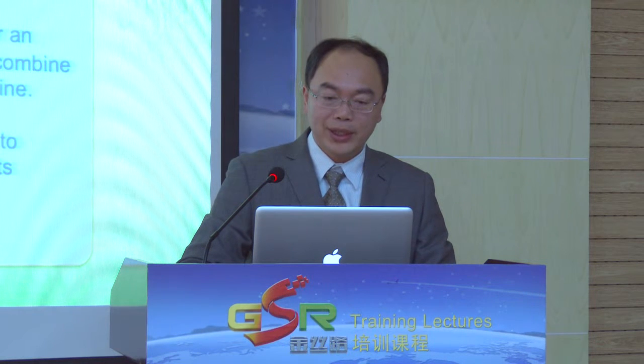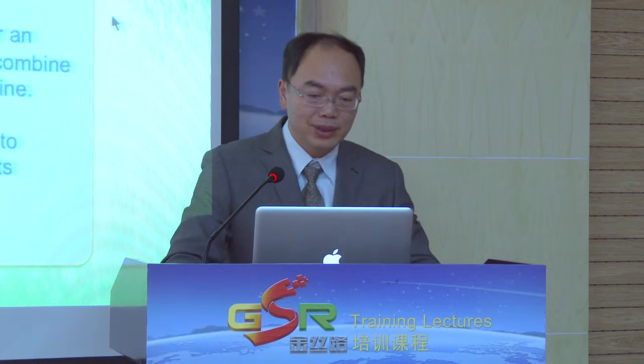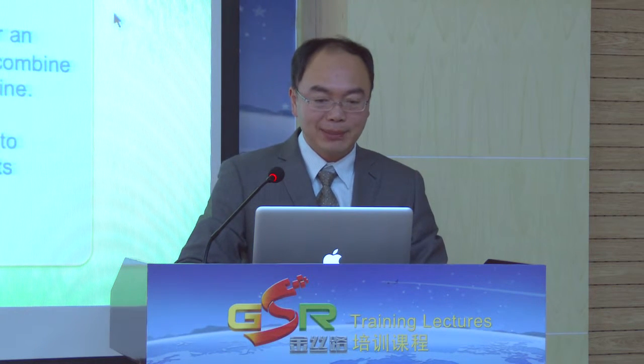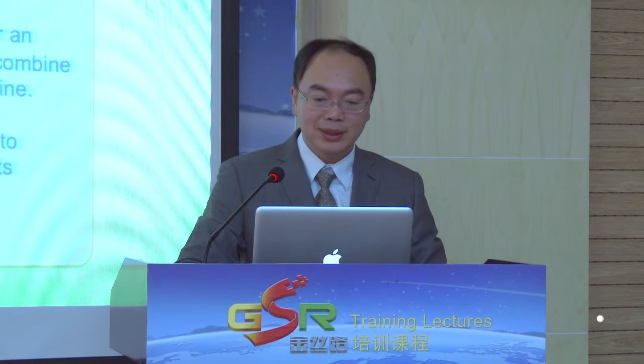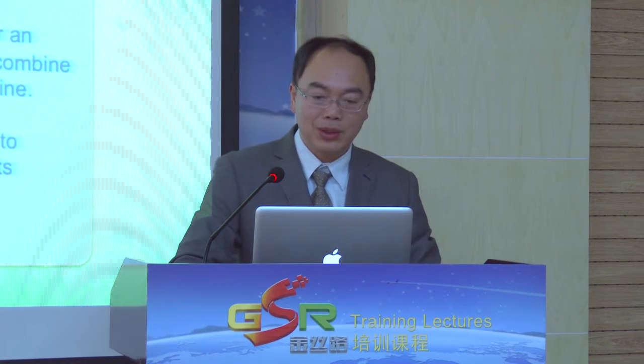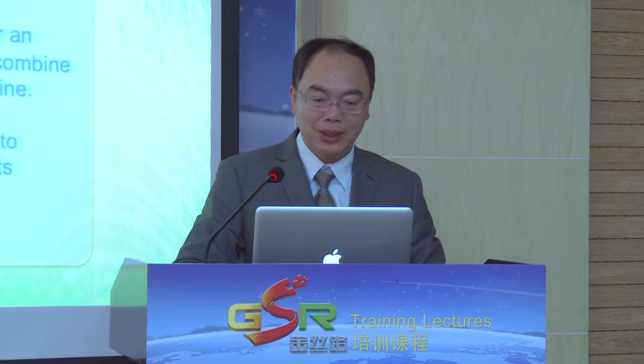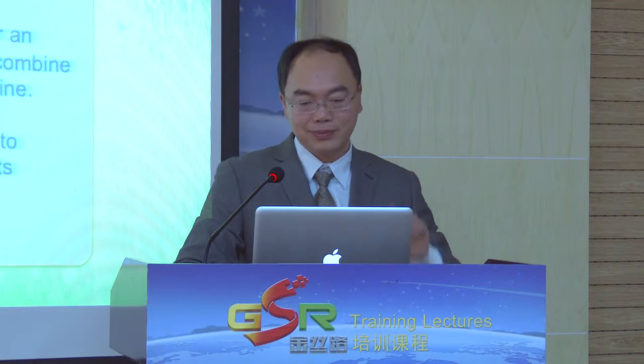And backcross breeding is the final step of transgenic breeding, because for most plant species, only a few lines or varieties give high rates of transformation. And often they are lines with poor agronomic or quality characteristics.